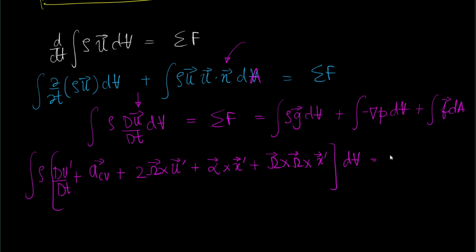This will be equal to integral rho g dv minus integral grad p dv plus integral traction vector dA.